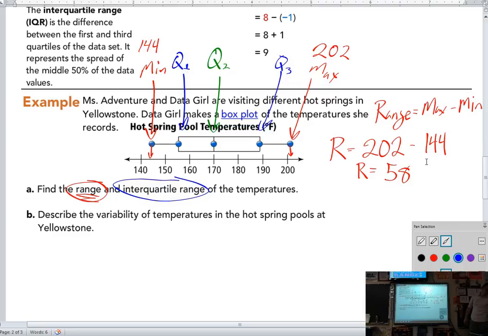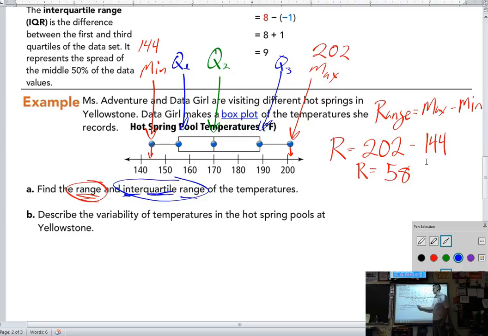So, interquartile range. Sarah, how do we find the interquartile range? What does inter mean? Class, what's inter mean? Between. So this is saying, how much is there between the quartiles?